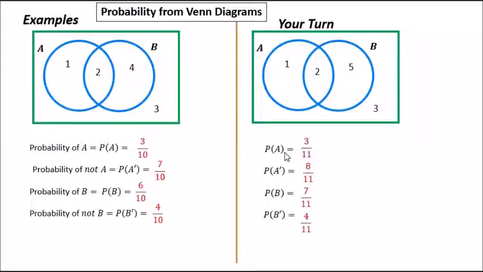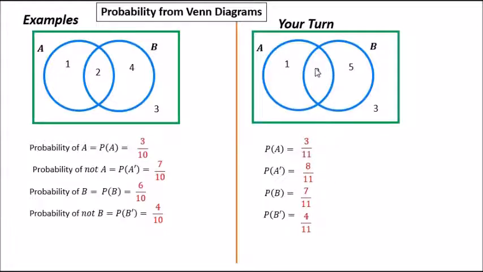Notice that the probability of A and the complement of A, they are mutually exclusive. The probability of A and the probability of not picking A, they can't happen at the same time. So if you add them together, they add up to 1 in total, because that's all of the possible outcomes. It's either A or it's not A. But in Venn diagrams, the probability of A and B are not mutually exclusive.